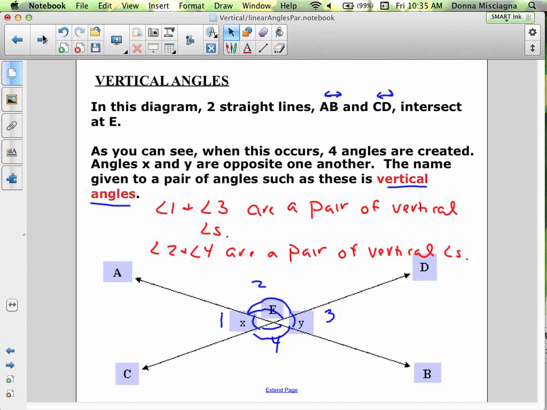We're going to be working with those after we talk a little bit about another kind of angle, and those are vertical angles. In this diagram, we have 2 straight lines, line A and line B. Those labels there are just the lines.